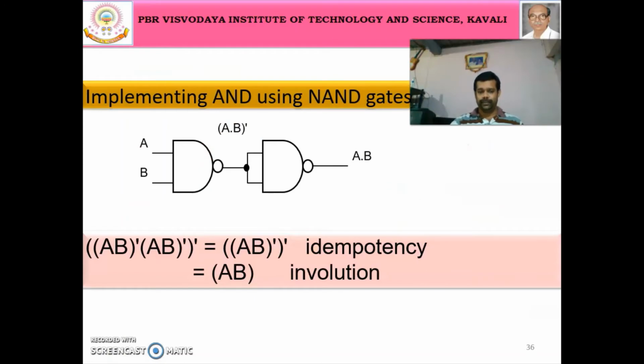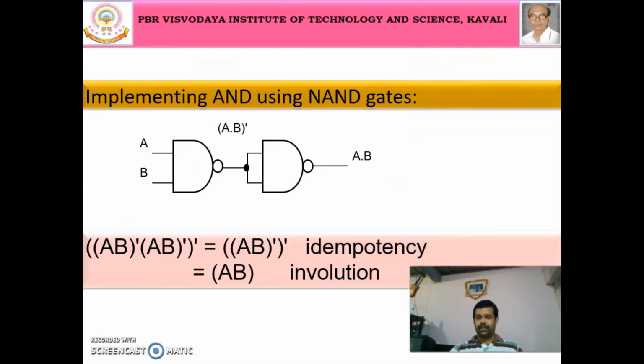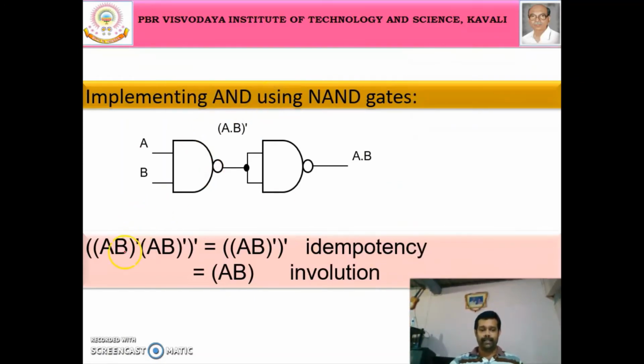Next one, we are going to implement AND gate using NAND gate. So AND means A into B. Output of your AND gate will be A into B. Now we have to implement it by using NAND gate.